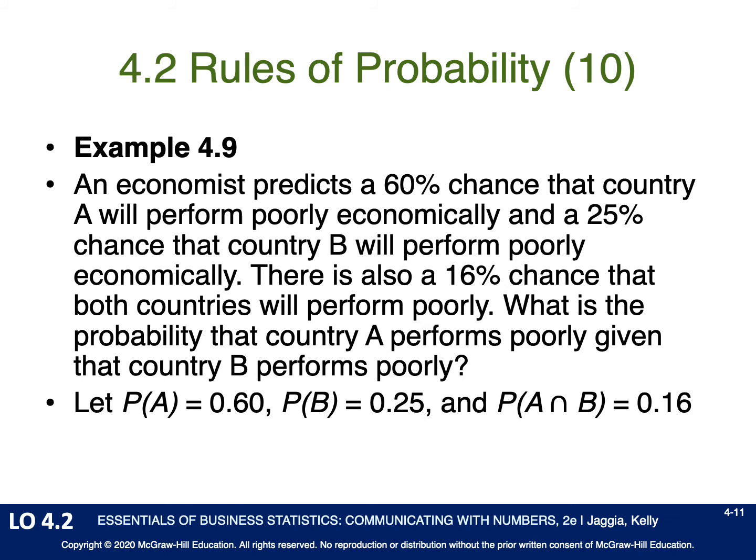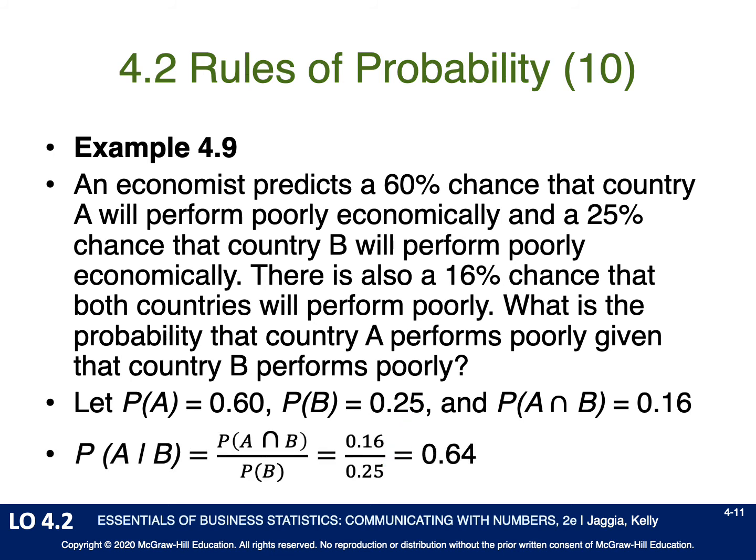So if we're looking at the probability of A given B, then we would take the probability of the intersection of A and B divided by the probability of B. Okay, so the key here, remember, is that your denominator is always the probability of your given event. So if it was the probability of B performing poorly given A performing poorly, then we would swap the denominators there.